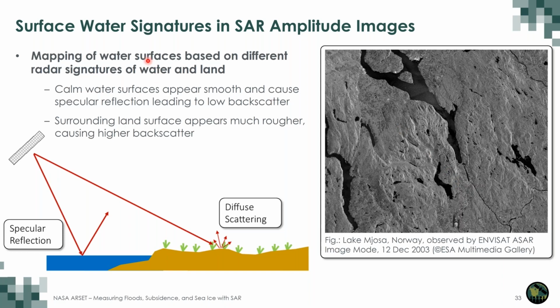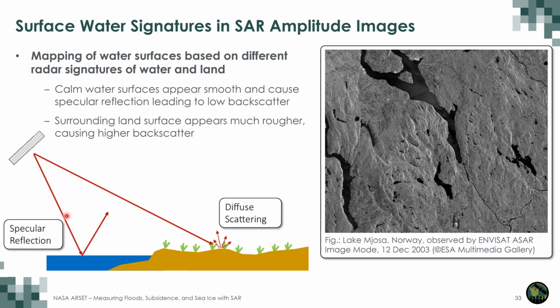So the way we can detect surface water signatures in SAR data has to do with the different kinds of scattering we observe on these very smooth water surfaces. If you have a side-looking radar instrument and the signals travel down to the ground, if the signal hits a smooth water surface, it will incur so-called specular reflection.